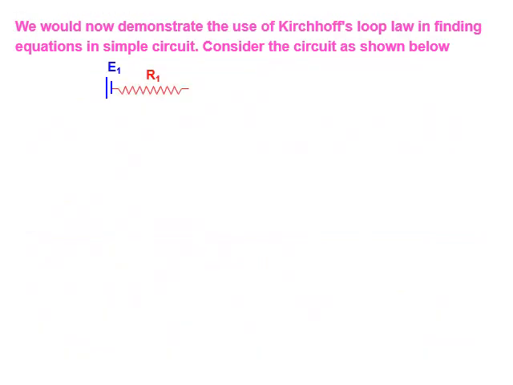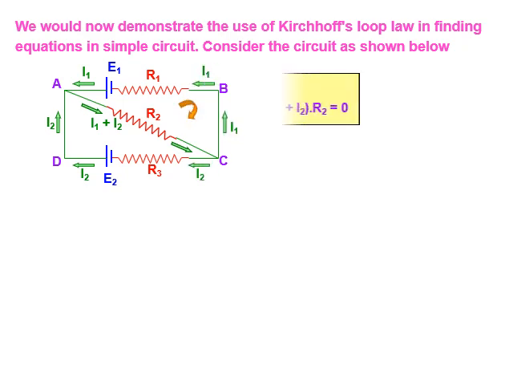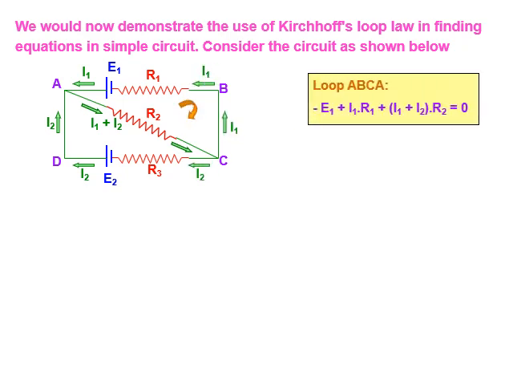Now, see the application of the loop law from this diagram. In this loop, A, B, C, A, we have chosen the direction first, and you can see that this direction is identified as clockwise.